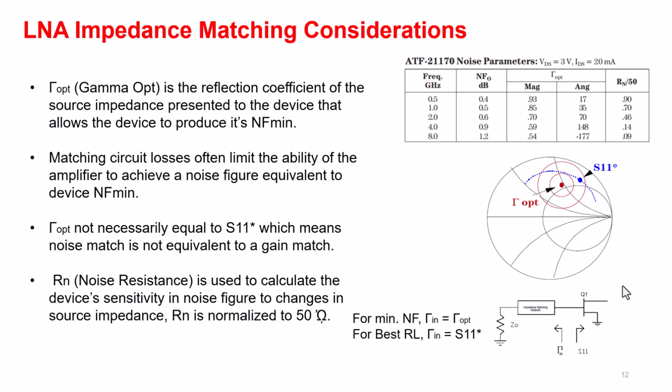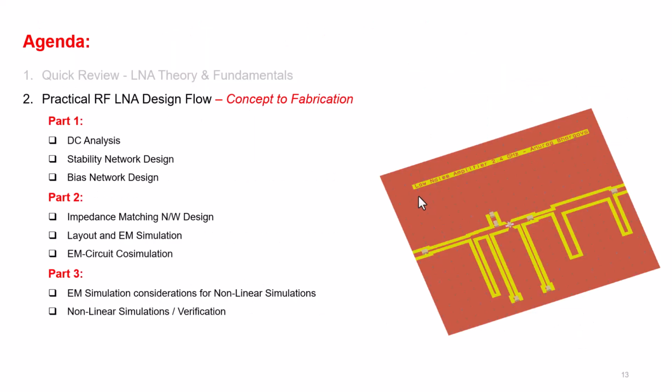On output matching side, that's complex conjugate match, because then you are looking to obtain maximum possible gain out of this device. So output is always matched to complex conjugate. The input side is always a balance between the noise figure and S11, and that's the whole piece. Once you understand that piece, you can easily go ahead and design a very effective and a nice LNA.